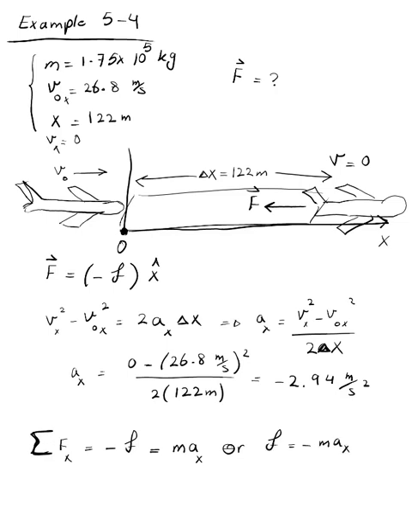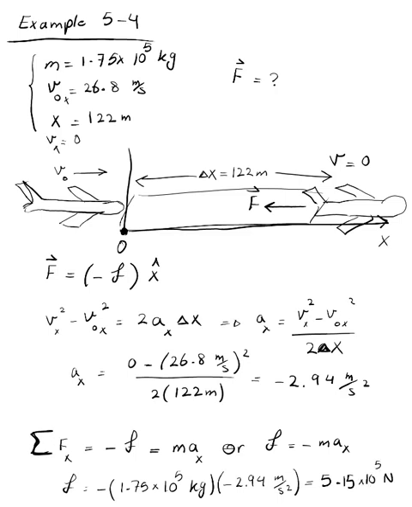So I can find f to be negative 1.75 times 10 to the power of 5 kilograms times negative 2.94 meters per second squared, and then that force is 5.15 times 10 to the power of 5 newtons.